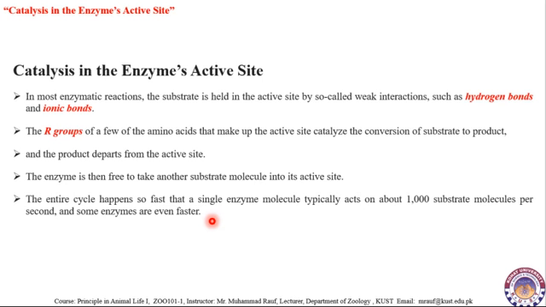Turnover number of an enzyme is the number of substrate molecules which can be converted into products in a unit time, and turnover number can be from thousands to hundreds of thousands.